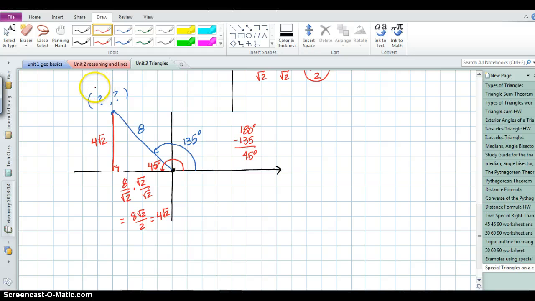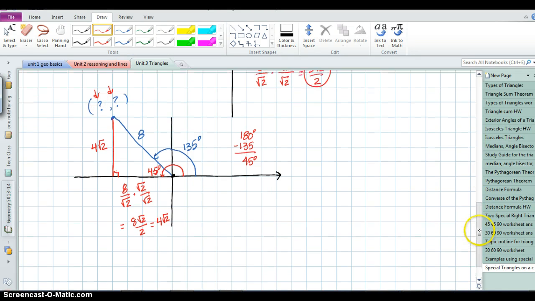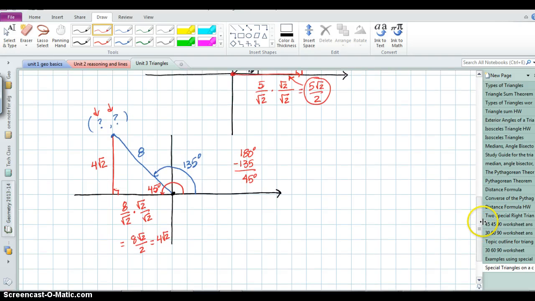Okay, so now I've got the information I need to figure out the coordinates of this point here. But here's the deal: direction absolutely means something. Direction matters. To plot this point, I'm going to start at 0, 0, and go to the left 4 rad 2, which means it's negative 4 rad 2.